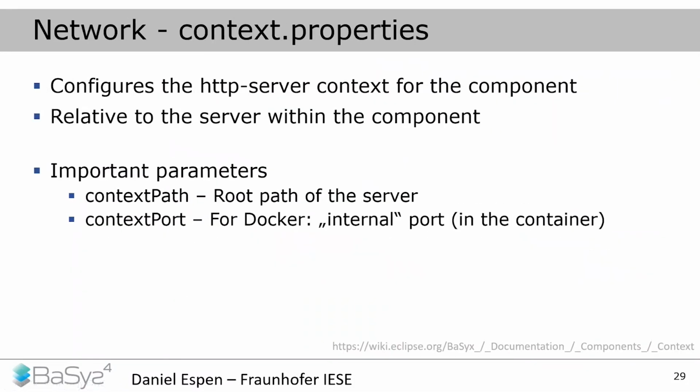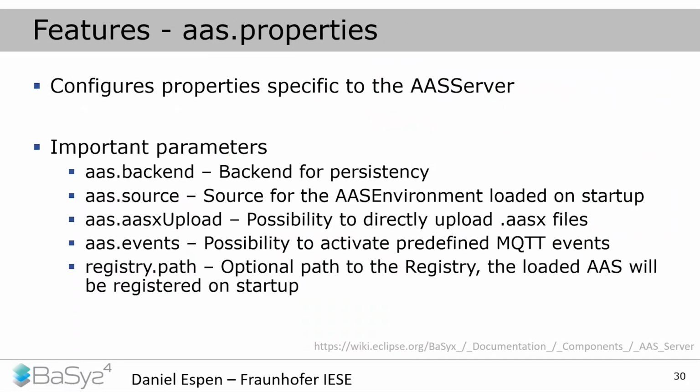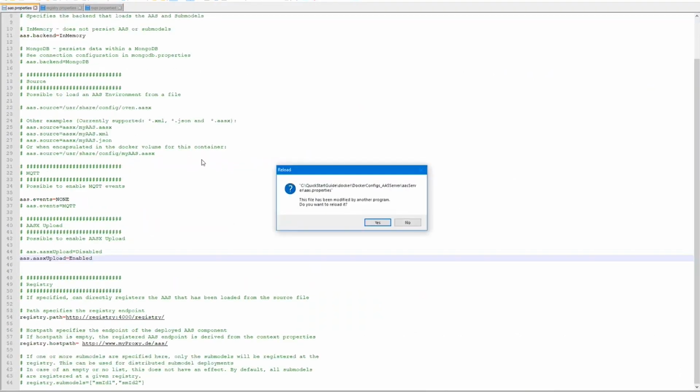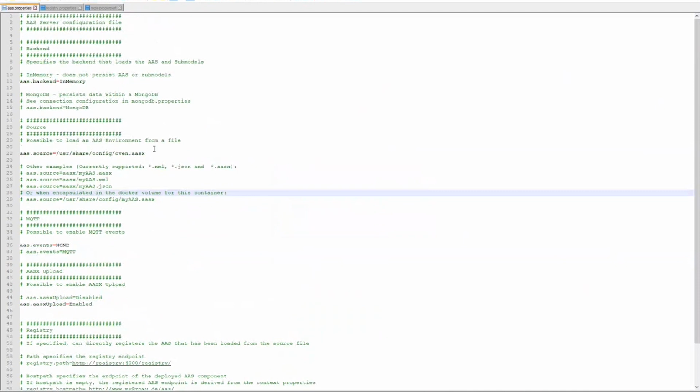Then the AES property also has a few other features. So here, if we open that, yes, I'd like to reload that. We can specify a backend for the asset administration shell server. So additionally to what we did now in memory, we could also use a database to back up and persist the data in the asset administration shell.